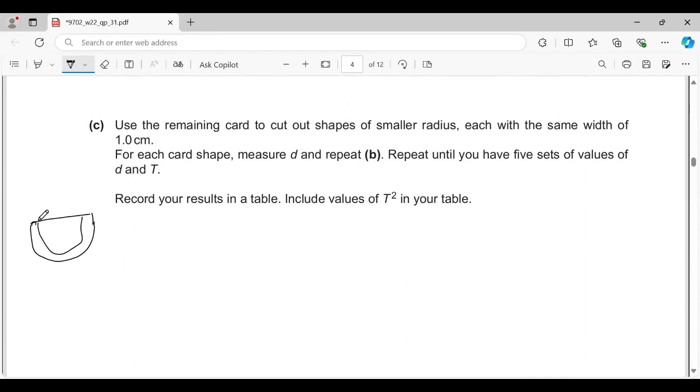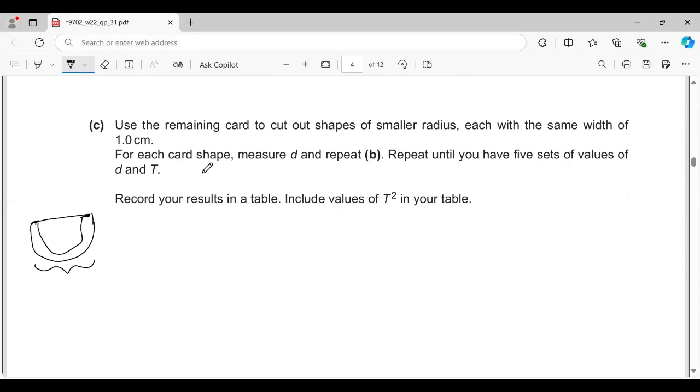Okay, this is 1 centimeter. Just now this is the diameter. The diameter after we cut is, if not mistaken, 19 centimeters.